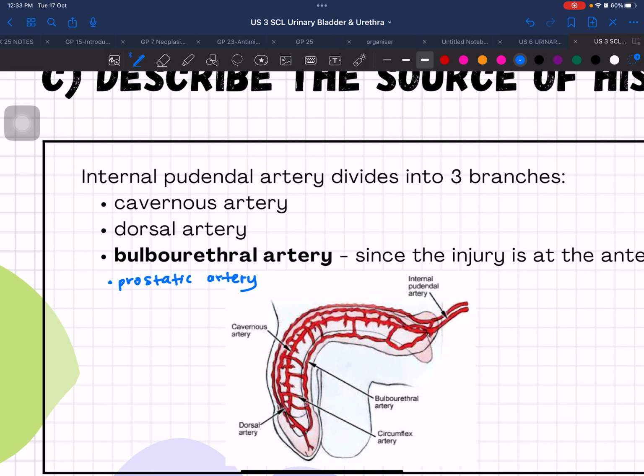So it can be any artery. If instead we write prostatic branches of the inferior vesical, is that possible? Possible. I mean, there are a few options for this type of case. It depends on which artery is affected.